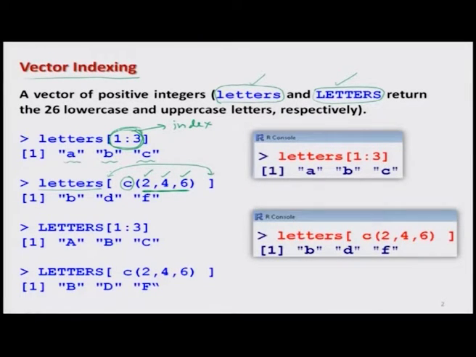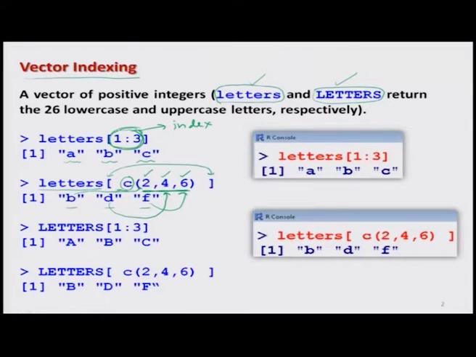And then you can see I am getting the output B, D and F. This means B is at the second position, D is at the fourth position and F is at the sixth position.